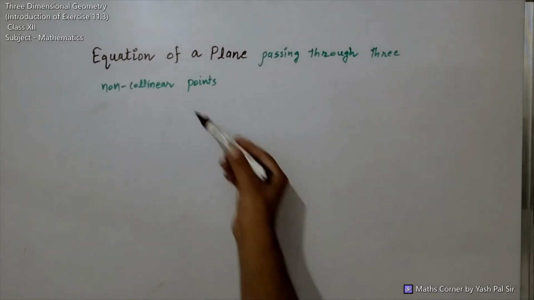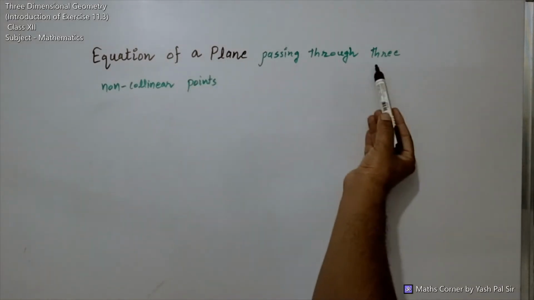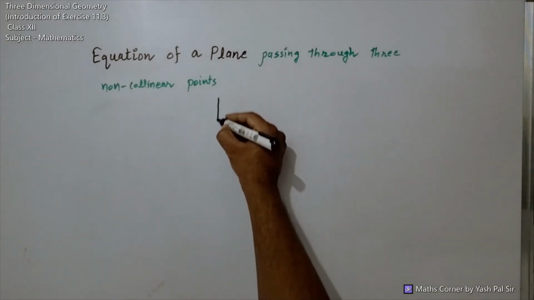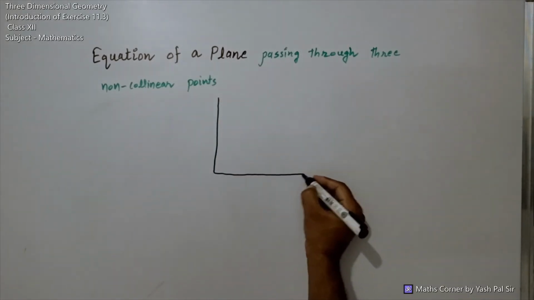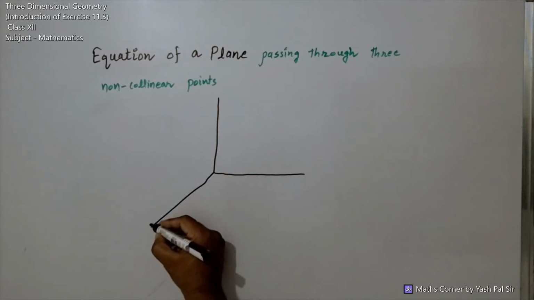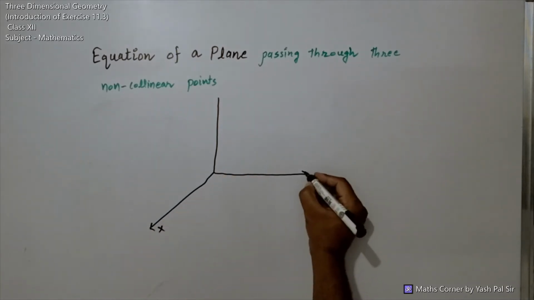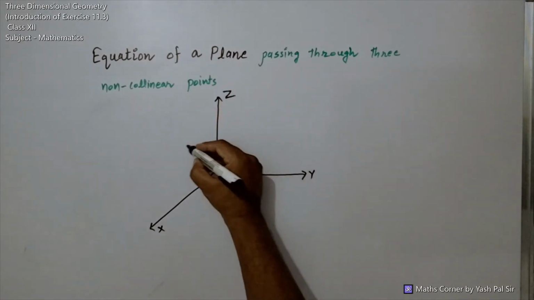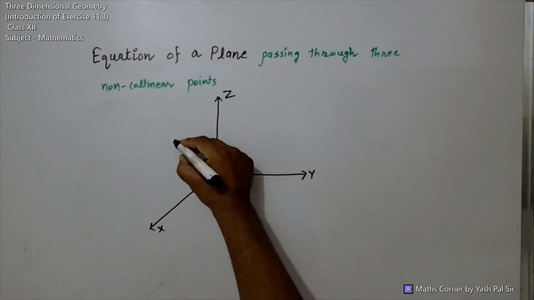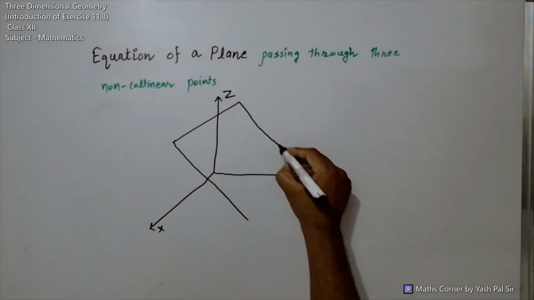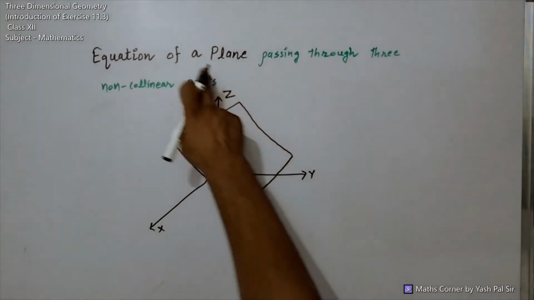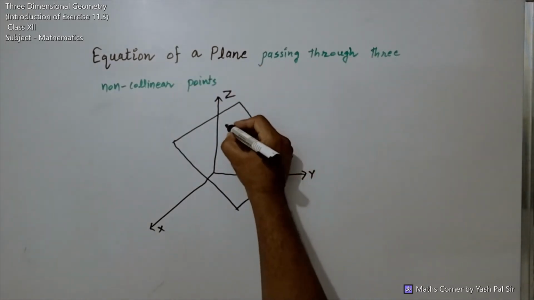Our next target is how to find the equation of a plane passing through three known non-collinear points. Here again we have the coordinate system of axes, this x-axis, y-axis and z-axis. Again suppose we have a plane, any plane like this writing board. On this plane we have three known points.